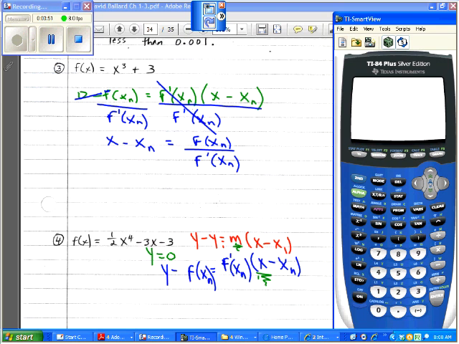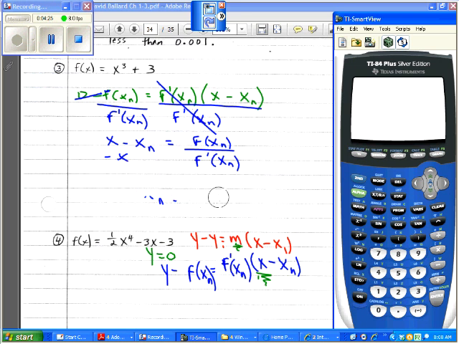Okay? And then if I want to find my x sub n, I would subtract x. I would have negative x sub n is equal to, actually I'm wanting to solve for x.